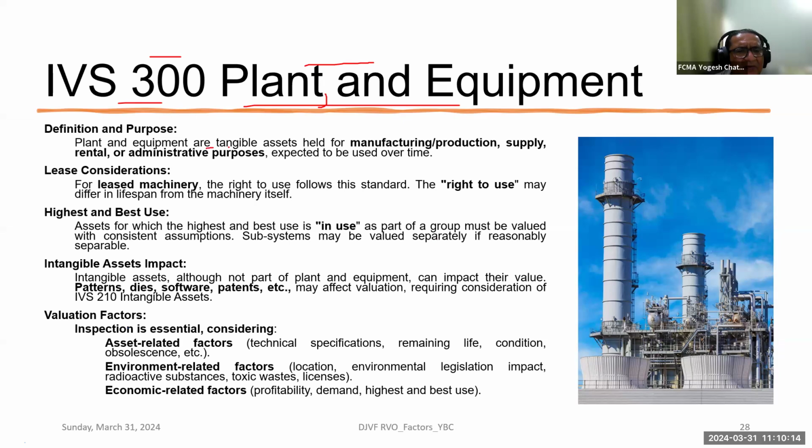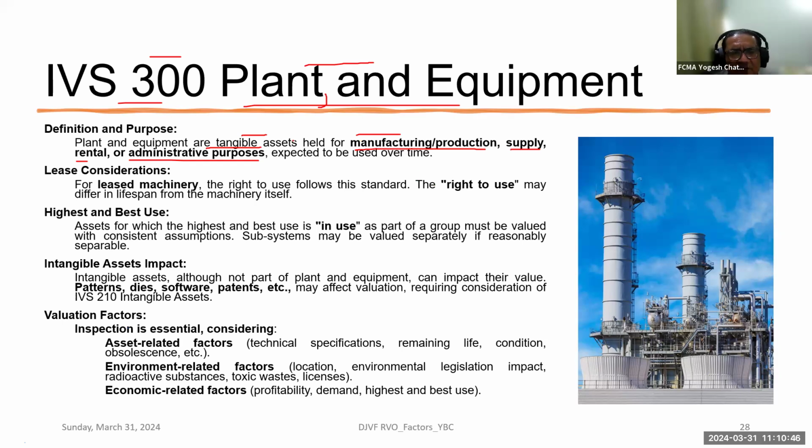So plant and equipment are tangible assets, we all know that, which are held for manufacturing or production, supply, rental, or administrative purpose. So these are the different purposes for which a company will acquire plant and equipment. Depending upon the purpose or usage, you will appreciate that the value will be different.